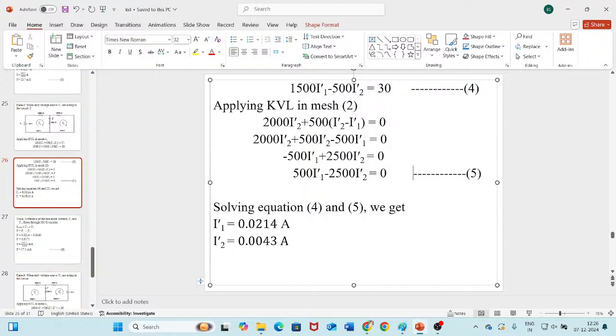So I1 dash I have got 0.0214 amperes and I2 dash I have got 0.0043 amperes.